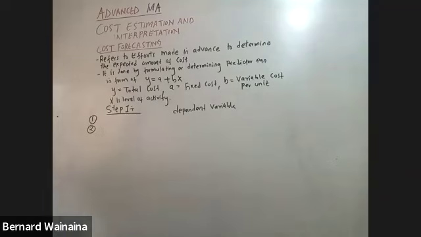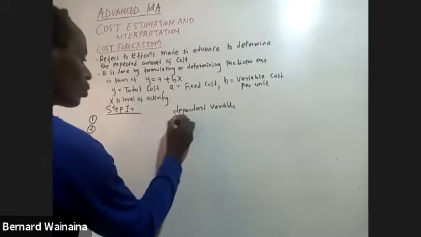In case you have a question, just put a message in the chat box. Step number 2, identify the cost driver. Remember, I talked about cost drivers from our intermediate level.